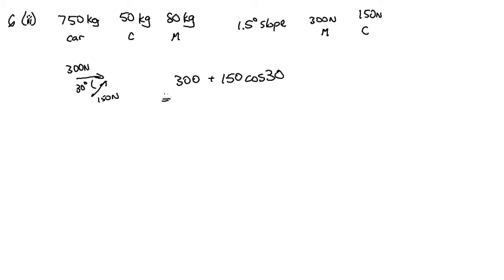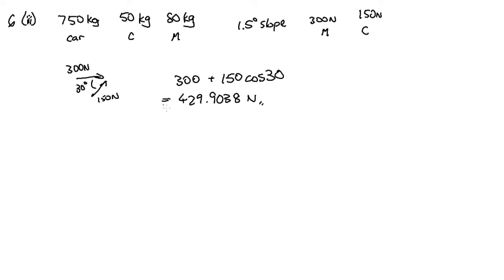That will give us the forward force. So 300 plus 150 cos 30 gives us 429.9038 newtons. So we'll use that.